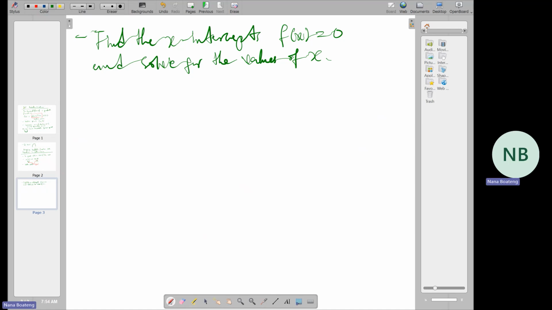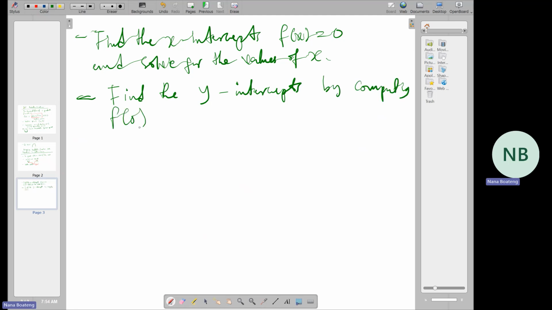And the next we also have to find the y-intercept by computing f of 0. To find the y-intercept, we set x equal to 0 and solve for y. All right.